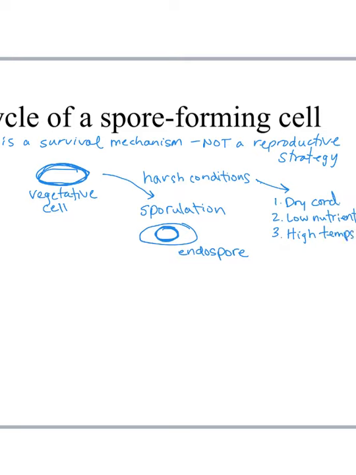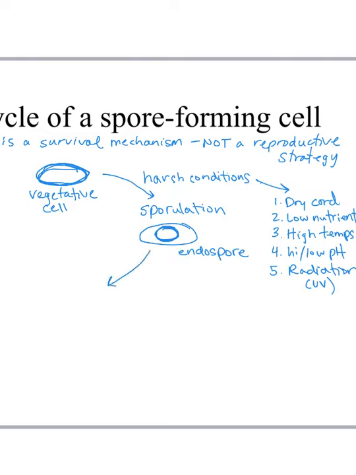It's not going to kill a cell to be cold. More often high temps, maybe high or low pH fluctuations, radiation exposure, like ultraviolet light exposure. Maybe exposure to some kind of chemical disinfectant. The list could go on and on, but those are some examples of harsh conditions.